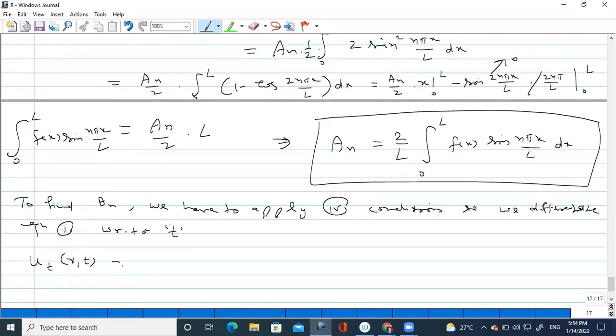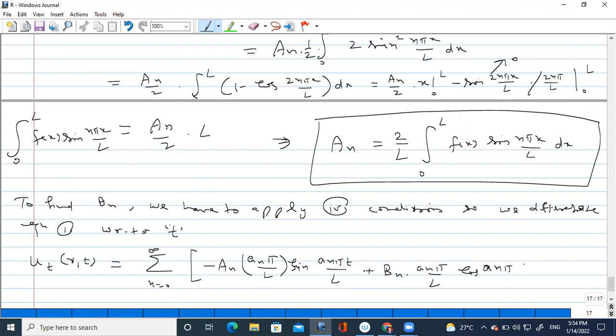So that will be ut(x,t), equal to summation n equal to 0 to infinity, now minus of An into An pi by L, it will become sine An pi t by L, then plus Bn into, the last portion was sine, so sine will become cos, and An pi by L will also come, and that will become cos An pi t by L. And the outer portion is similar because that is not having t, so it will be sine n pi x by L.